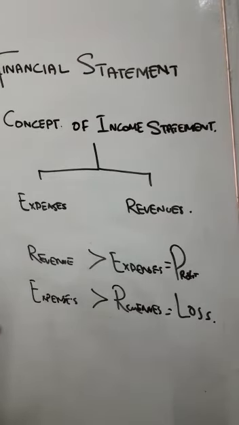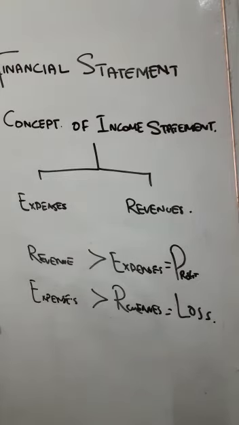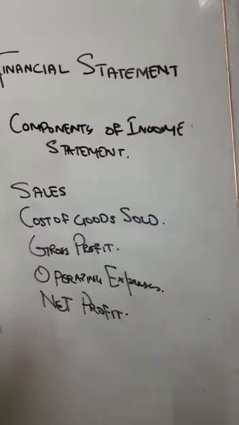So I would like to clarify that there are certain components which are required to be discussed in this income statement and which we are required to learn. The first component is sales.